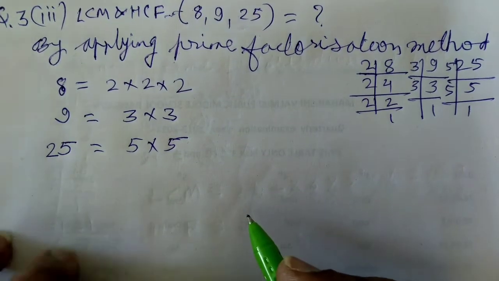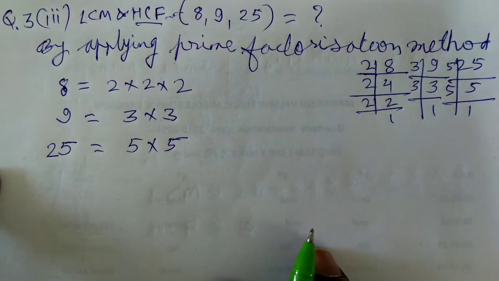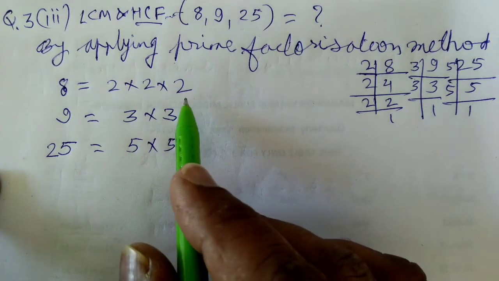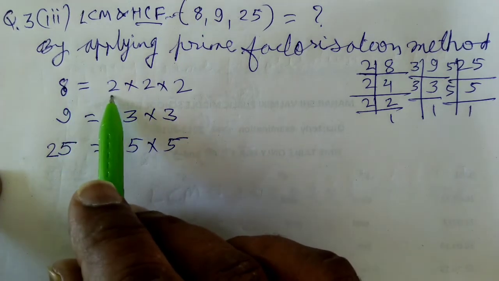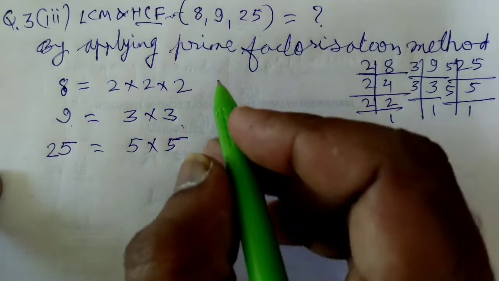So first we will find the HCF, because after the HCF our LCM will be easy. Here we are seeing no factor is common in the prime factors of 8, 9 and 25.